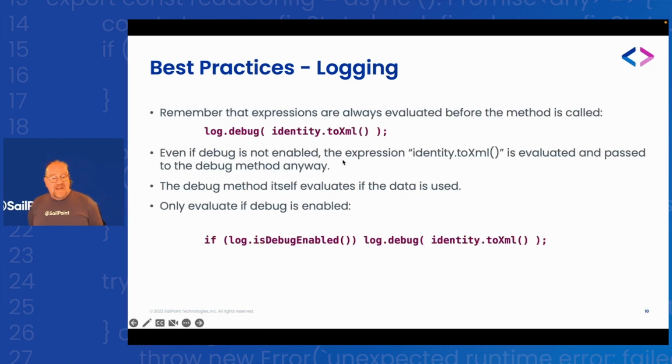So the other thing as well is that if you've got an expression inside your debug command, it will get evaluated, right? And some evaluations are more expensive than others.